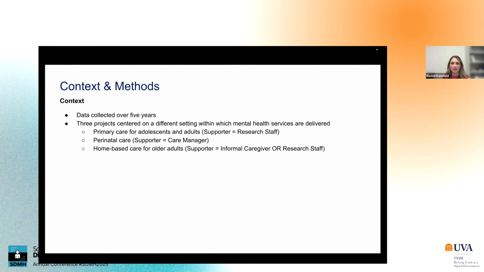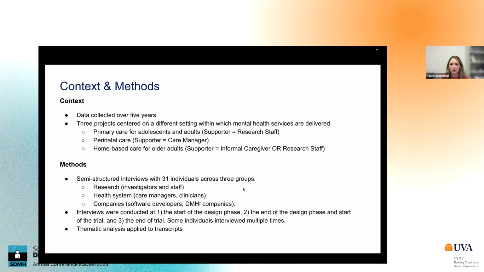There were 3 projects, each centered on a different healthcare context where mental health services are commonly delivered: primary care, perinatal care, and then home-based care for older adults. And I tried to interview as many folks as I could across all of the projects with diverse roles: on the research side, the health system side, and then the companies that we worked with to actually develop or adapt, in some cases, the tools that we used.